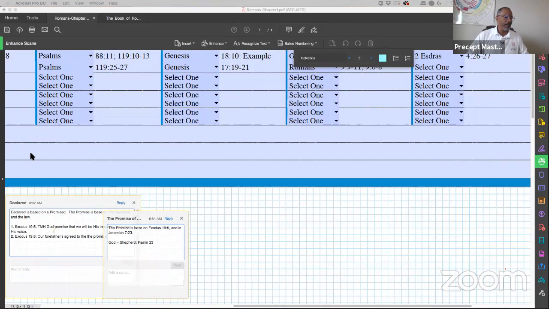I don't even know why that one is doing that. Let me go to Second Esdras, chapter 7, and then we're going to go down. Let me do this real quick because my system wants to do something else.